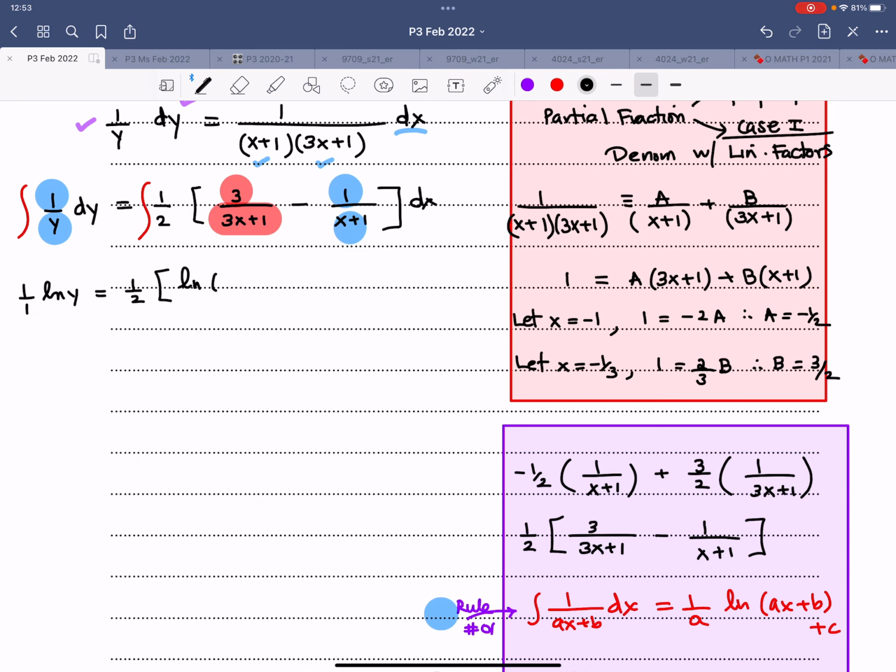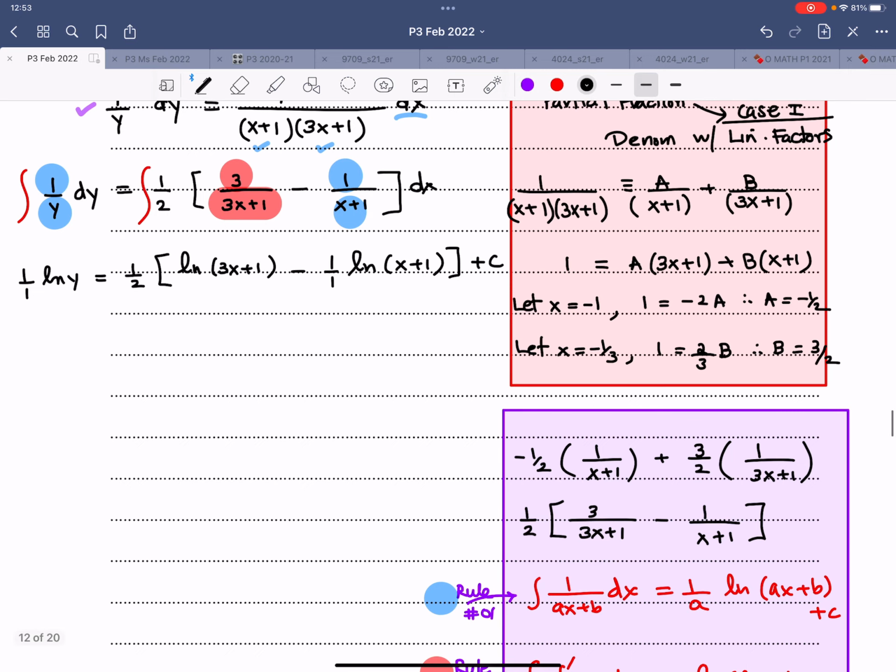Therefore this is ln of 3x plus 1. This is minus as it is, 1 over 1 ln of x plus 1, bracket closed, plus a constant of integration c. Now think closely, watch closely, observe that these are the main things that we have done so far.